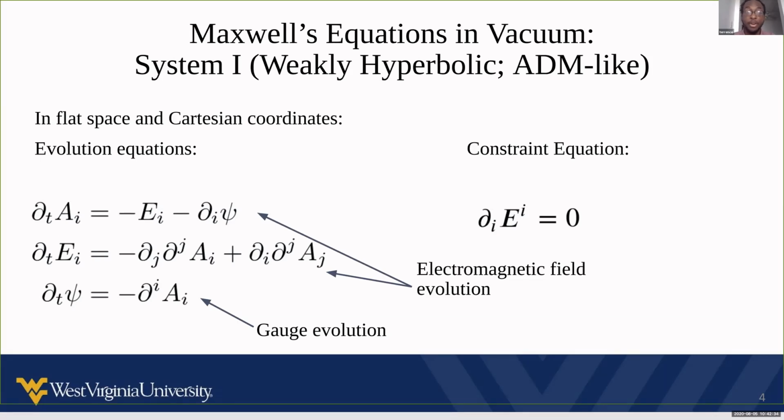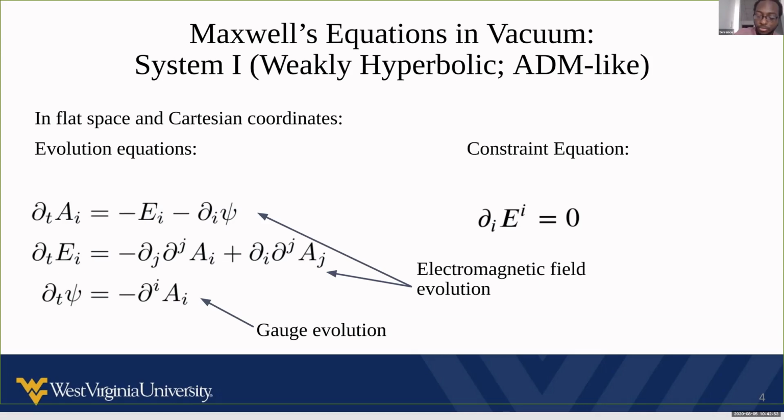We're also working in Lorenz gauge, so we have this gauge evolution equation for the scalar potential. On the right-hand side, we have the constraint equation, which comes from Gauss's law. Since we're working in vacuum, there are no sources, and so the divergence of the electric field should be 0.